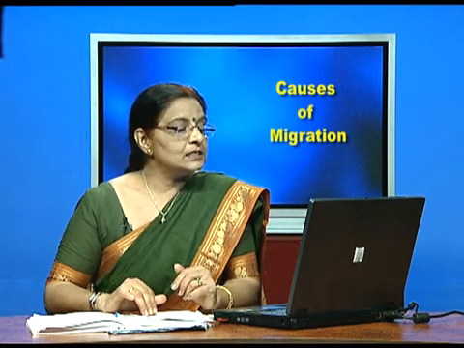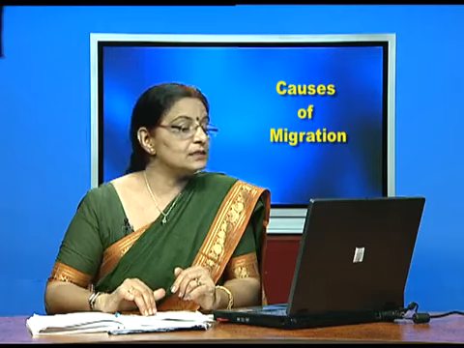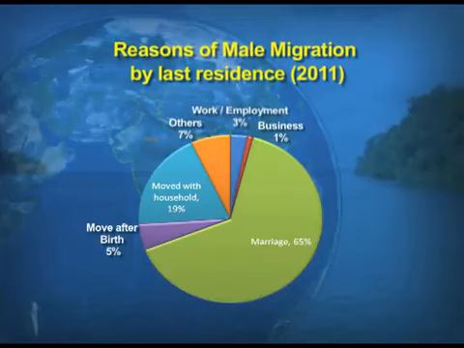And the second largest migration under females, as you can look in the visual, is when they move with the households. That means the whole family shifts from one place to another. Then movement after birth is only 5% under females.